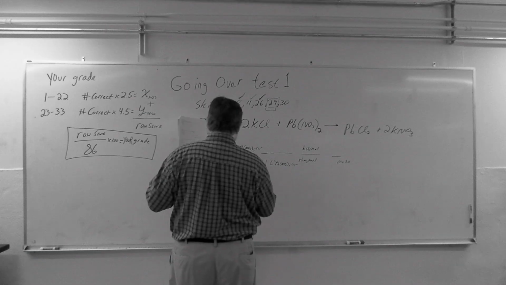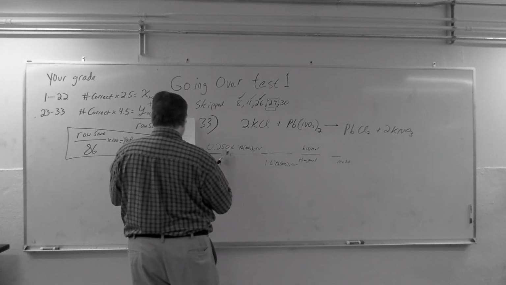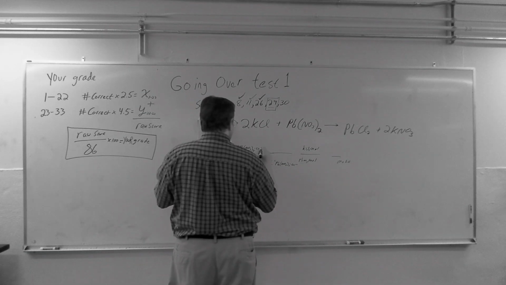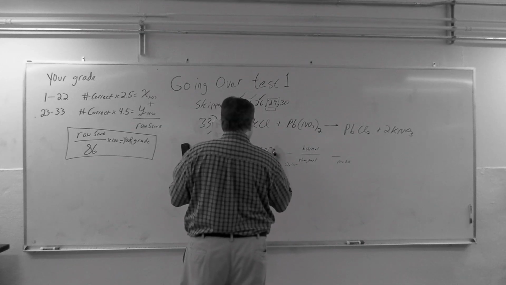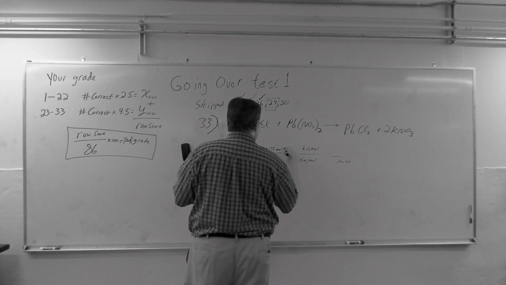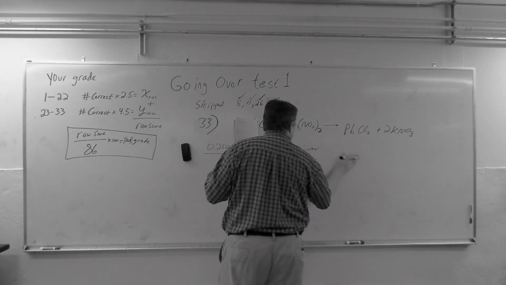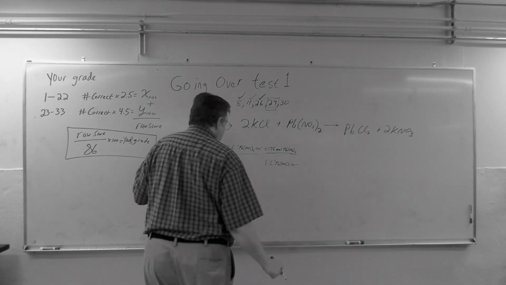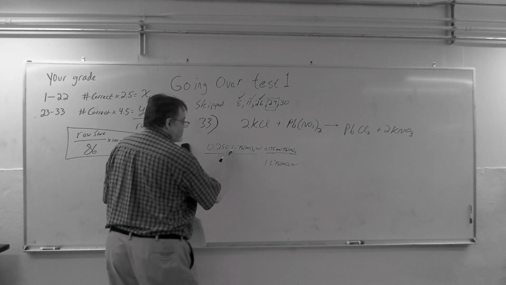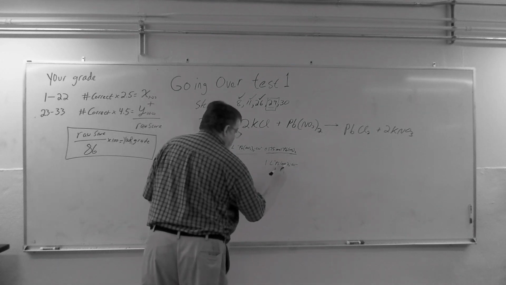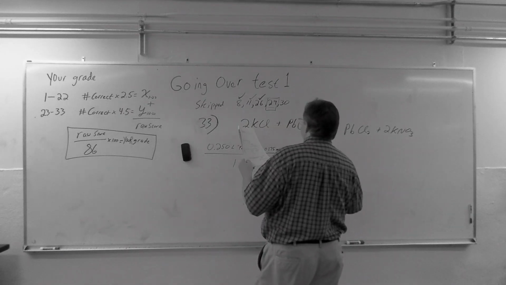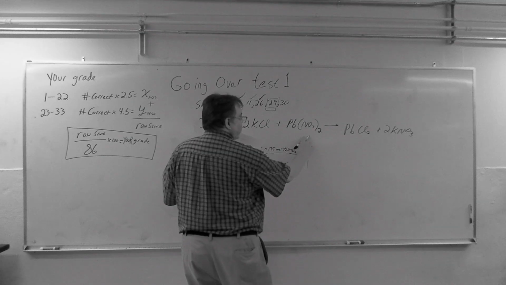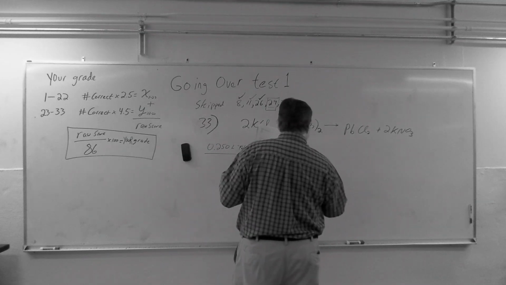Okay, 2.50 liters. It's 0.175 moles per liter. And then the stoichiometry is 1 PbNO3 to 2 KCl.